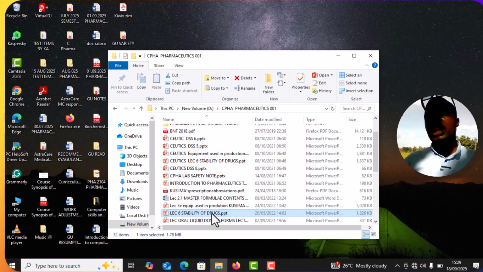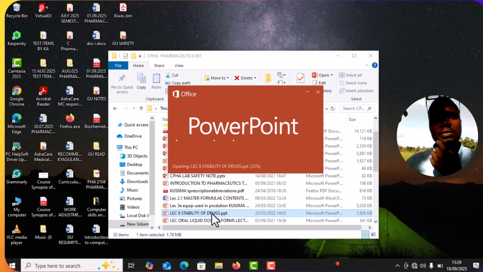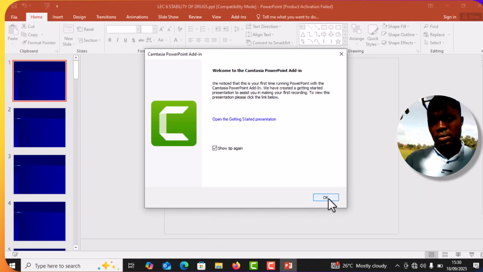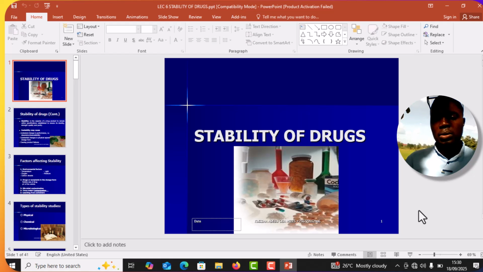We say that an ideal pharmaceutical product must exhibit various parameters, and we say there are four major parameters that should be possessed by a good pharmaceutical product. It should be, first of all, stable in terms of physical appearance, then also physical, chemical, and microbiological stability.